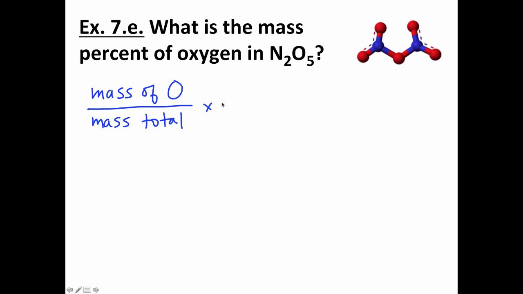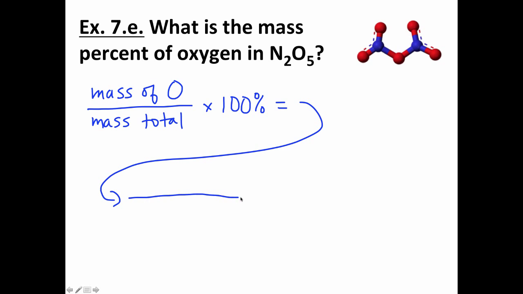And then to get mass percent, we multiply by 100%. And so in this case, in N₂O₅, probably the easiest thing to do is to say if we have 1 mole of N₂O₅, we know that 1 mole of N₂O₅ is 108.02 grams.